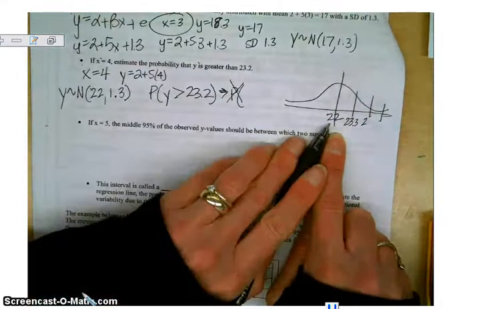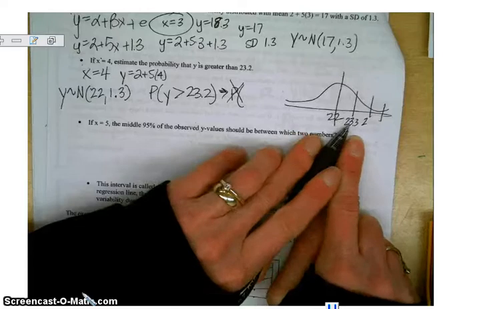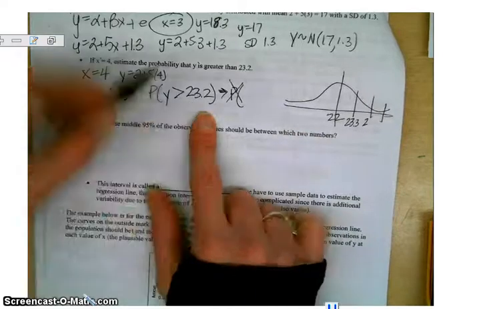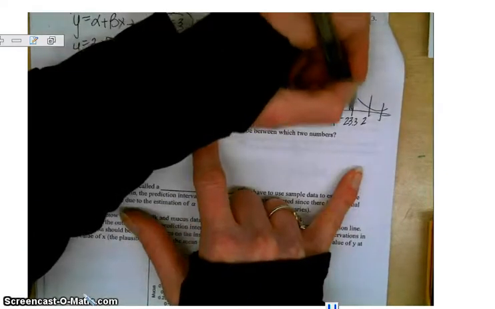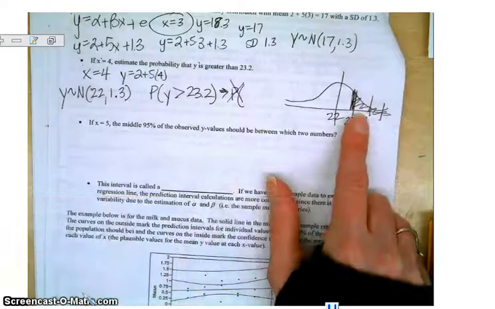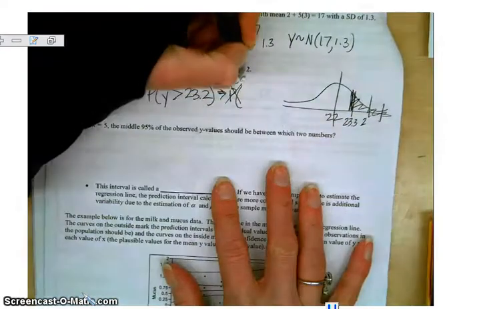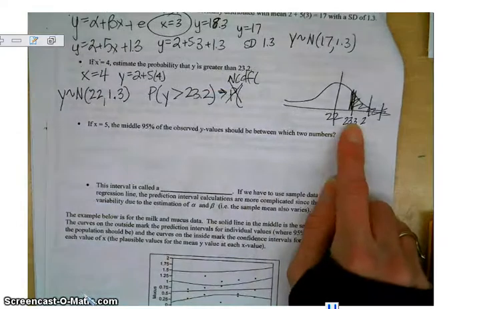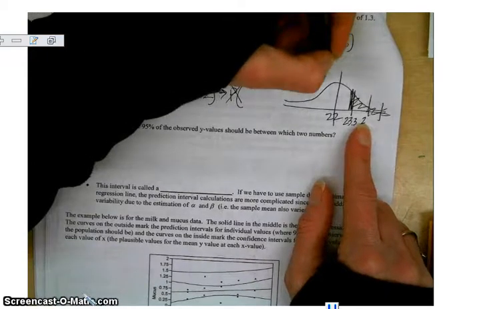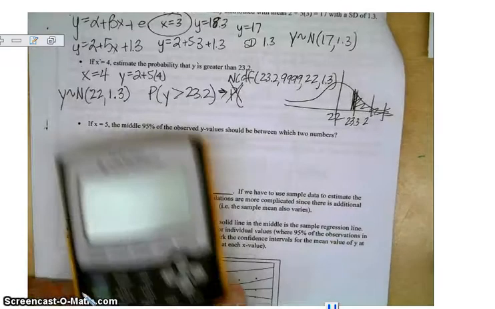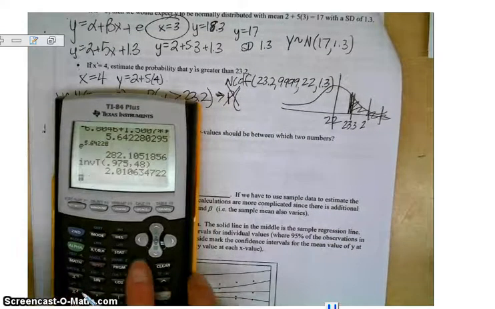So here's our normal distribution. What is the probability that it is greater than 23.2? That's where we can just go NCDF. The lower bound of this shaded region is 23.2. The upper bound is infinity. The mean is 22 and the standard deviation is 1.3. So then we go to our calculator, second distribution, NCDF.